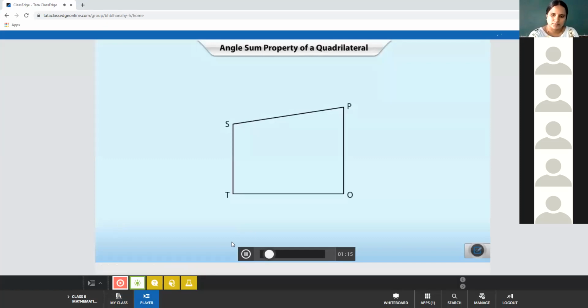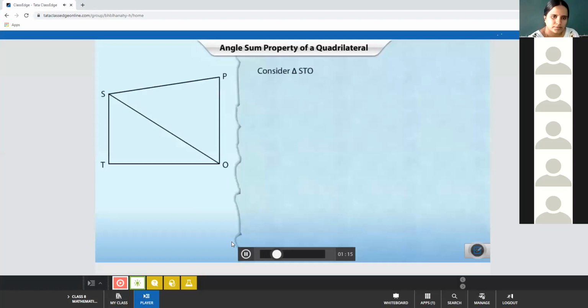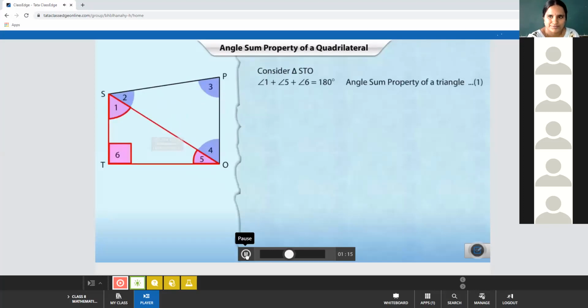In quadrilateral SPOT, the diagonal SO divides it into two triangles. Consider triangle STO. The sum of angles 1, 5 and 6 is equal to 180 degrees. You know that this is true by the angle sum property of a triangle.